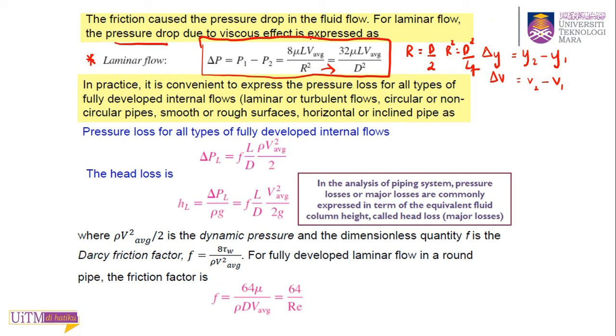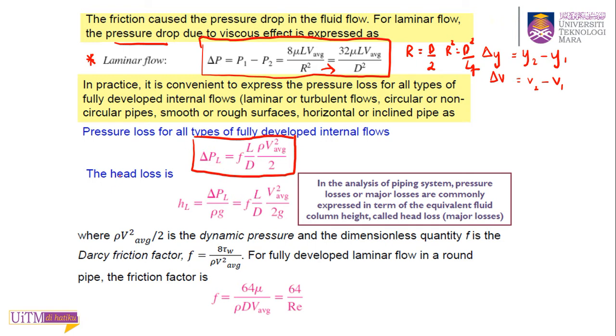Secondly, in practice, we can use another equation for all flows, laminar or turbulent, circular or non-circular pipes, smooth or rough surface. This gives the pressure drop or the pressure loss, which is why it is written as delta PL, pressure loss.